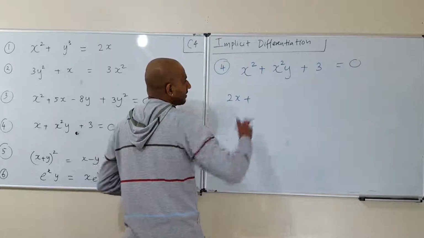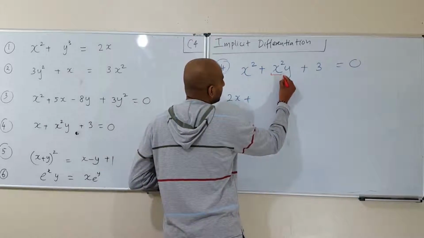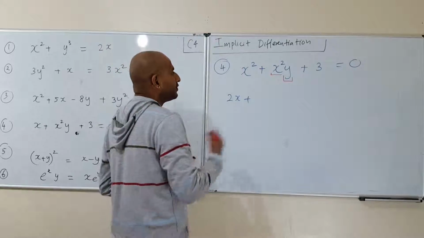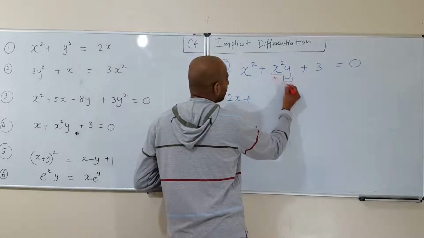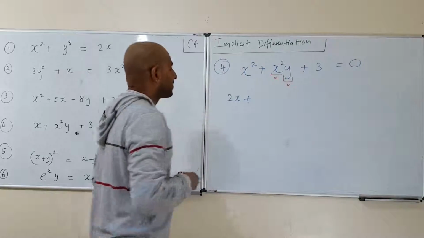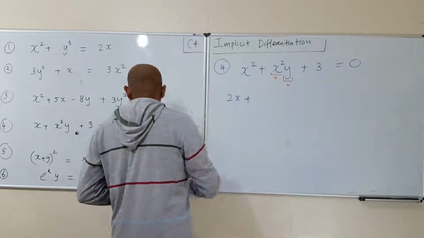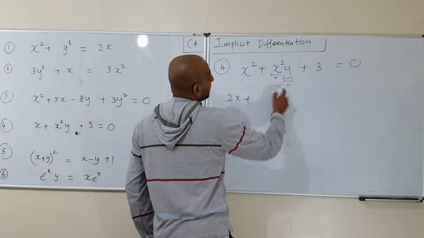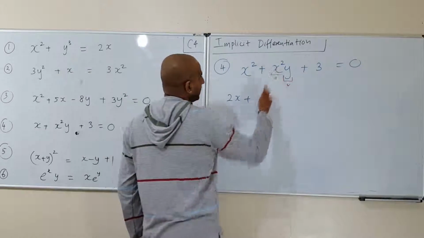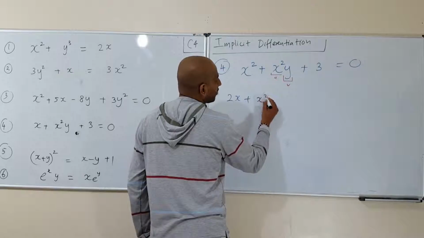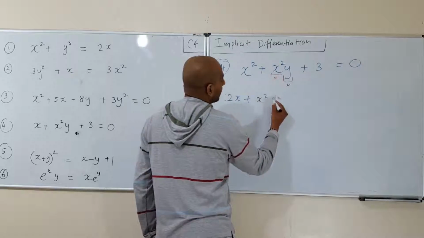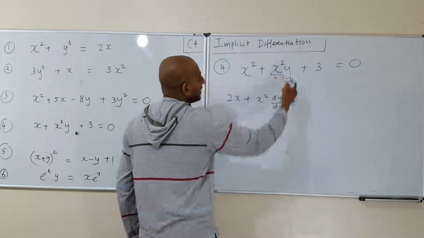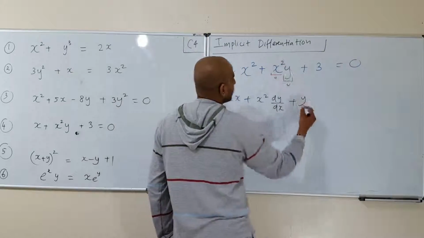You have to use the product rule here for that. See, there are two functions, so you can use the product rule, the UV rule. That's like U, that's like V. So we have to proceed that way. Leave that, differentiate that, dy/dx, plus leave that, differentiate that, which is 2x.